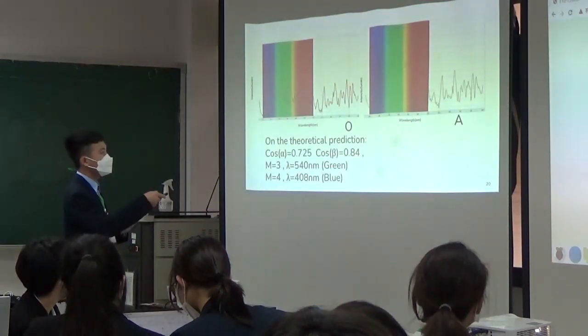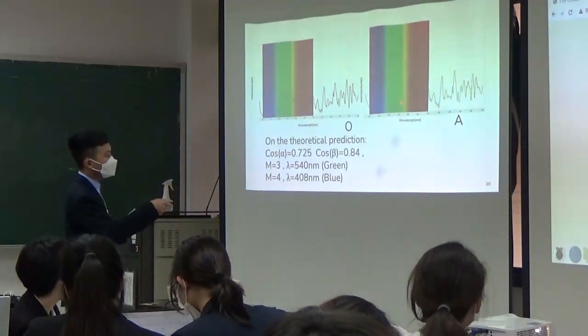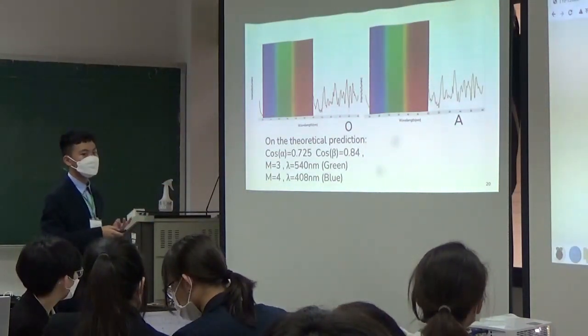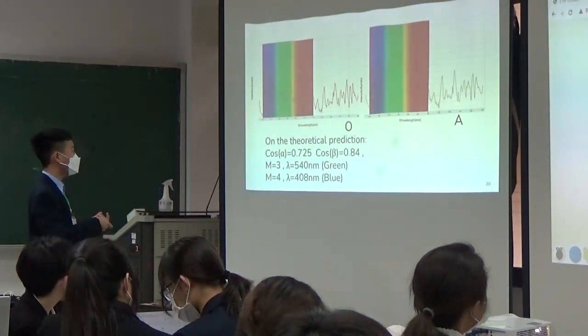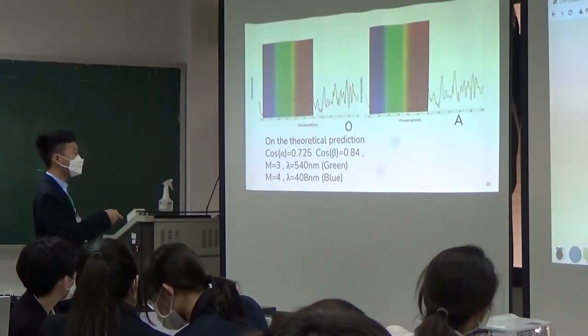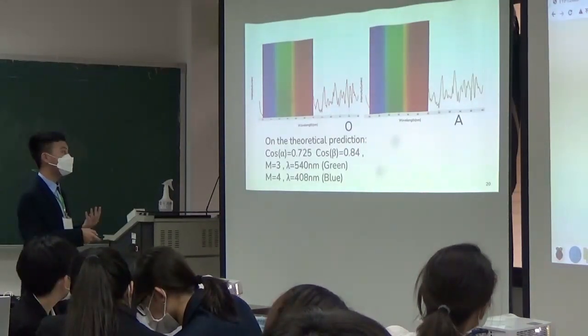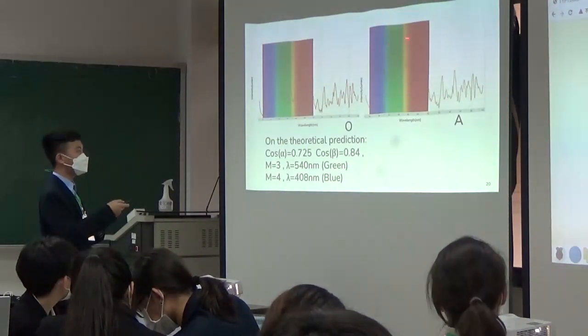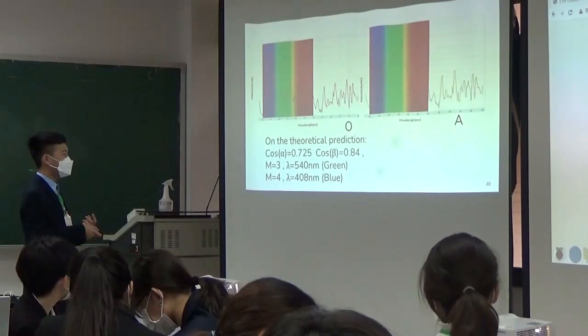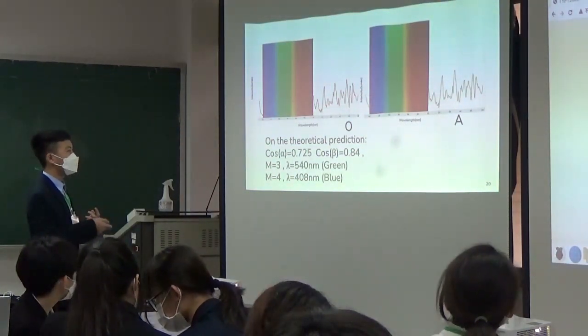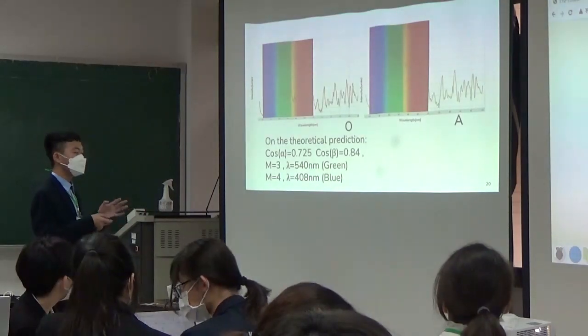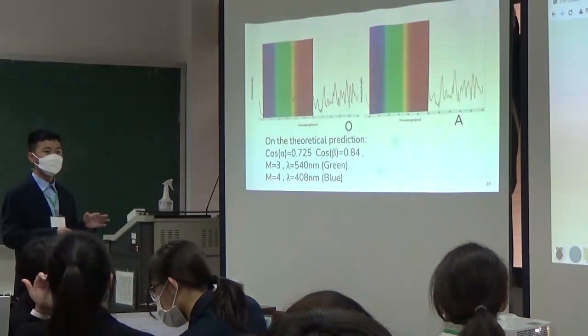One is here, about 530 to 540 nanometers as measured. In our theory, lambda equals 540 nanometers when m equals 3, which is in the green region. For m equals 4, it gives 408, which is blue to purple.